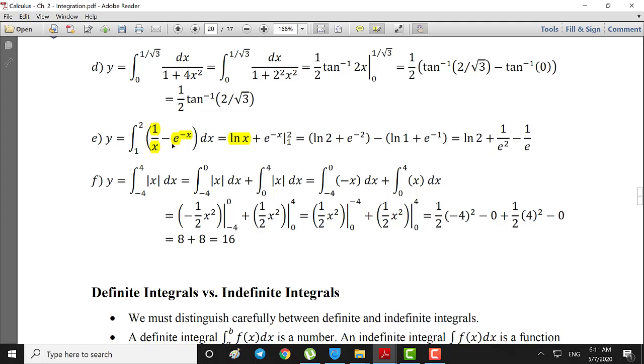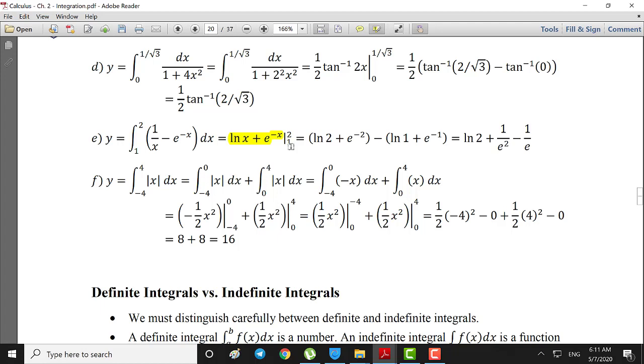If we multiply the negative sign that appears with this negative sign that exists, we're going to have plus e to the minus x, right? Now we have to evaluate ln of x plus e to the minus x at the upper limit and the lower limit.